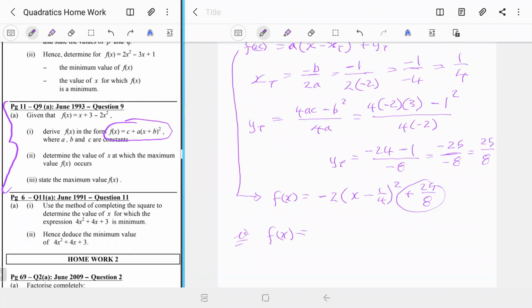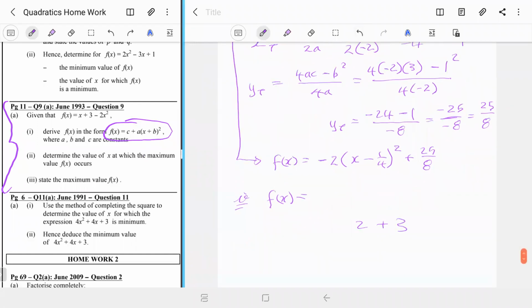It is positive. I'm just shifting it around in the expression, just like saying 2 plus 3 is the same as 3 plus 2. Just switch them around. So it becomes 25 over 8, and then plus negative 2 bracket x minus 1 over 4 squared.